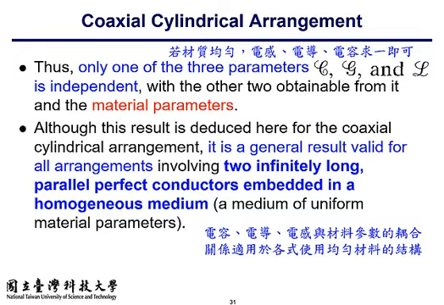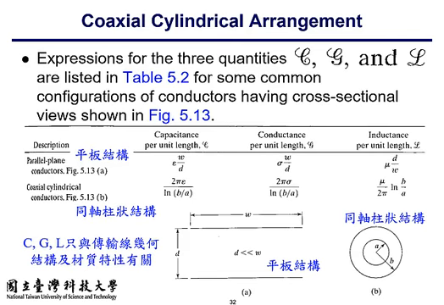However, I need to note that this relationship is only valid for homogeneous materials, so the surrounding material of this two conductor arrangement should be homogeneous or largely homogeneous. We can see some other examples later on.